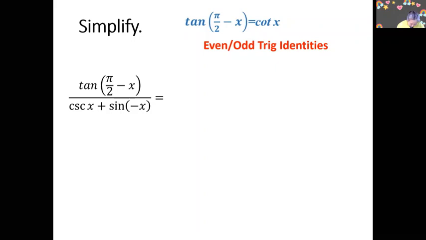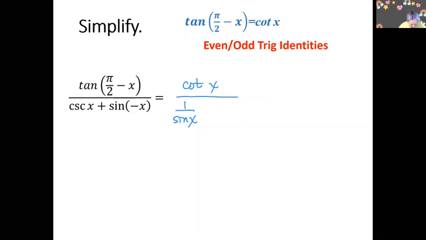So the numerator, tangent of pi over 2 minus x, can be cotangent of x based on the cofunction identities. And I will rewrite cosecant right away as 1 over sine x. Then I can recognize sine being an odd function. So if you have a negative input, it's going to change the whole function's sign.